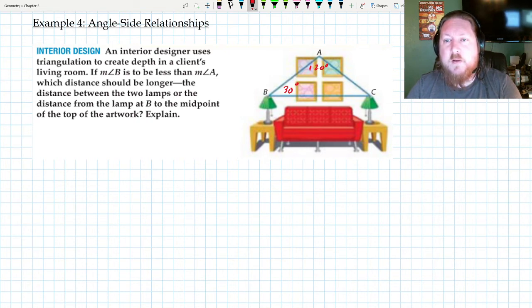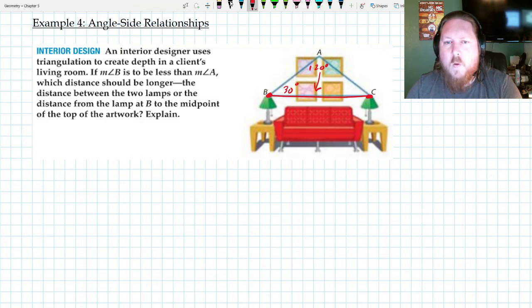The distance between the two lamps. So, if measure of angle B is to be less than measure of angle A, which distance should be longer? The distance between the two lamps. So that would be BC, which is opposite the 120.